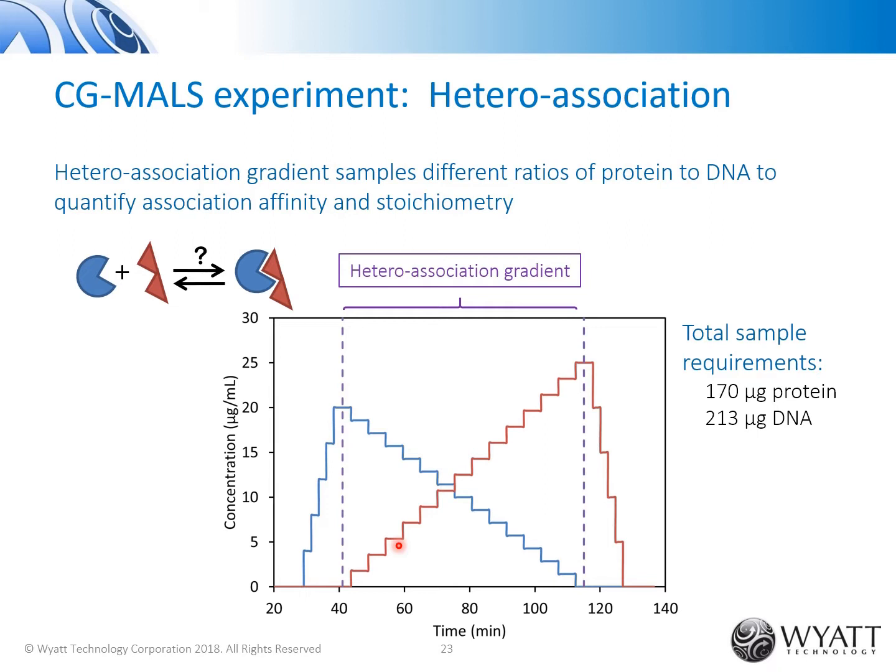We allow this mixture to come to equilibrium inside of our MALS flow cell and use the equilibrium molar mass for the analysis. I want to point out that for all 23 data points across this whole experiment, we're only using about 200 micrograms of each species.